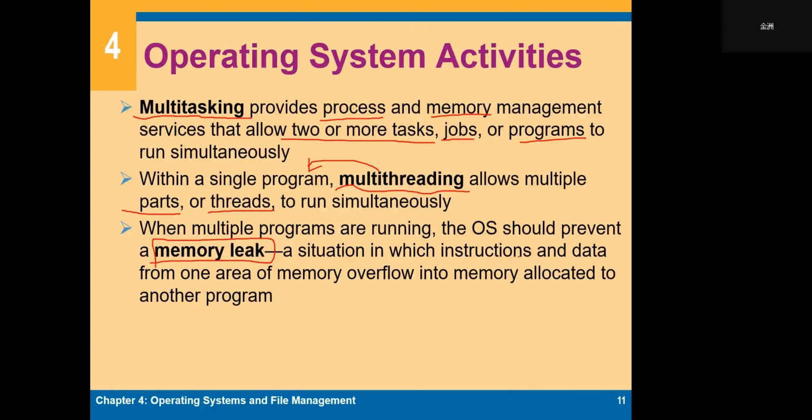So when multiple programs are running, the operating system should prevent a memory leak. That means when the instructions and data from one area of the memory overflow into the memory allocated to another program. Okay, such a situation needs to be prevented by the operating system.